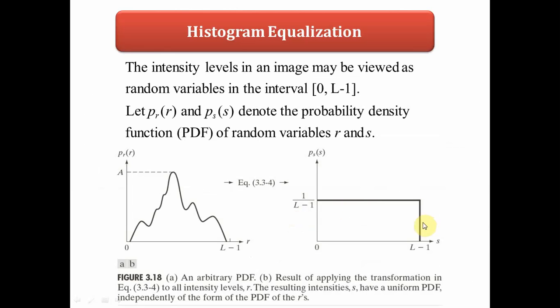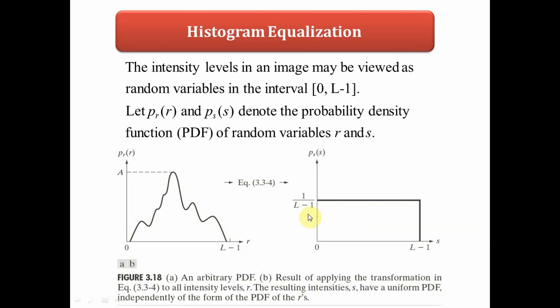Okay, this is nothing but the uniform one. So our desired output should be the uniform one, but you will not get exactly the uniform output after doing the histogram equalization on the uneven histogram. But the aim is to make it as near to the uniform as possible.